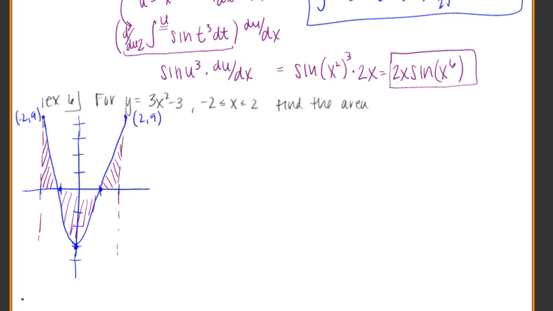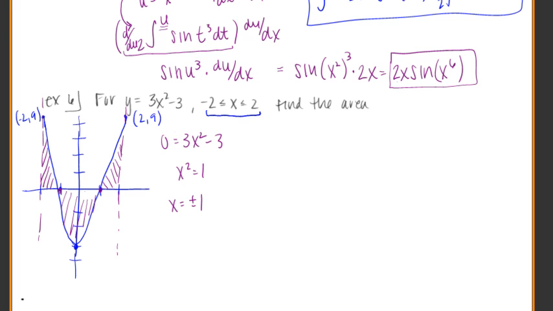Just to double check that these are the true x-intercepts, set 0 equal to 3x squared minus 3, so x squared is equal to 1, and x is equal to plus or minus 1. We need to know that, because when you integrate, you integrate from an x value to an x value.